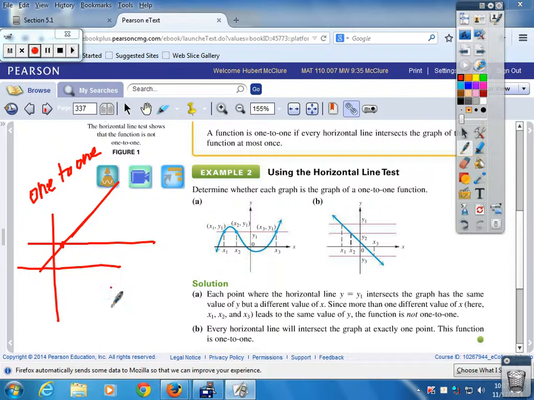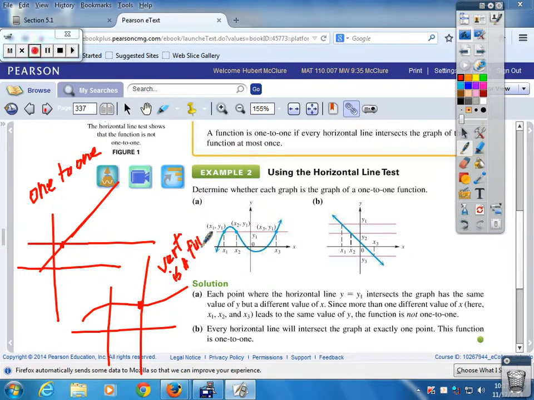The vertical line test basically tells that it is a function. My bad. Vertical line test is a function. A one-to-one is the horizontal line test. So make sure you make that distinction. Vertical line, that's back in chapter 1 or 2. It's a function. Horizontal is one-to-one function.